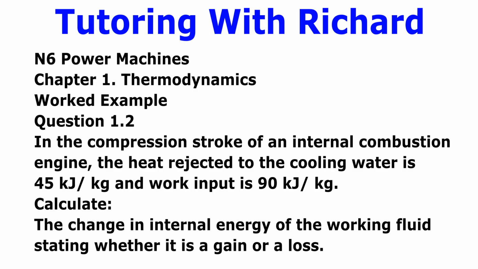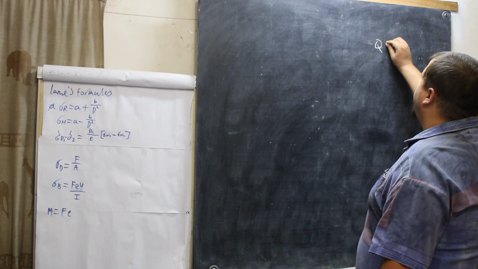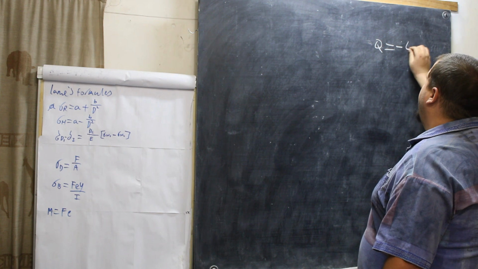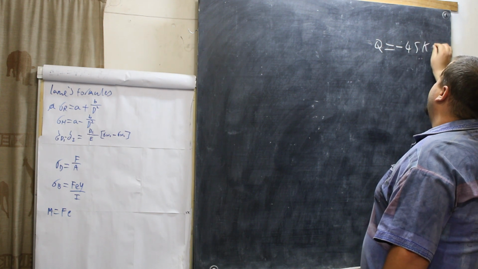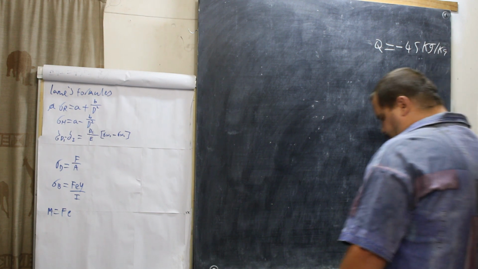Our example states, in the compression stroke of an internal combustion engine, the heat rejected to the cooling water is 45 kilojoules. So Q, the heat rejected, is minus 45 kilojoules per kg.